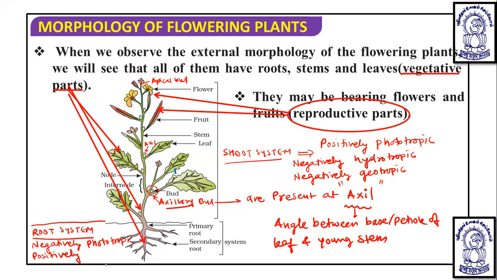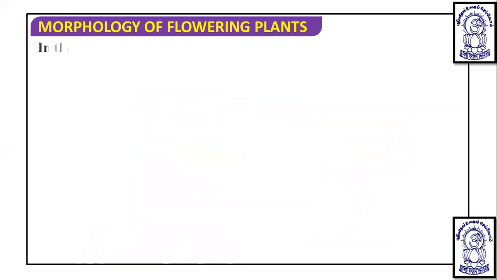But it is going towards the water and gravity, so it is positively hydrotropic and positively geotropic. Okay, this is observed in the shoot and root system, and that is the difference between the shoot system and root system.